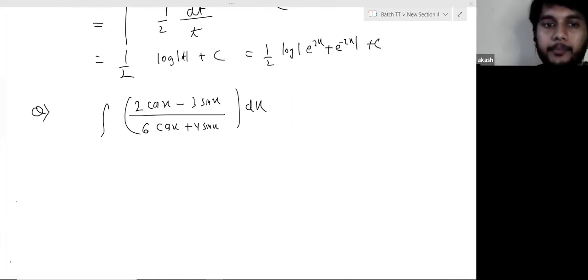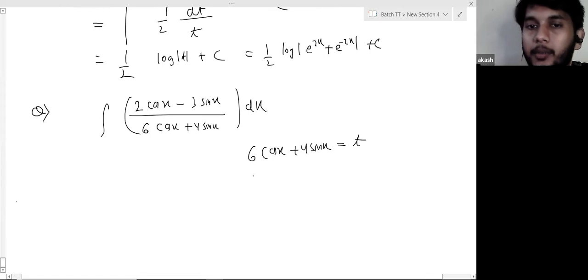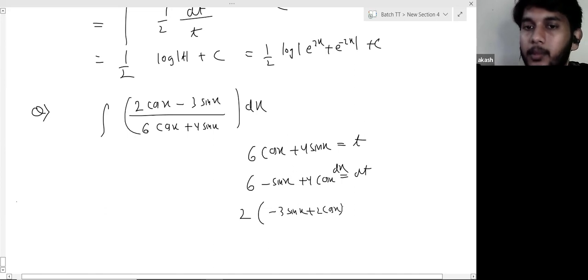All right. So in this question, you can take 6 cos x plus 4 sin x equals to t. So differentiating, you will get 6 into minus sin x plus 4 cos x equals to dt. Taking 2 common, you will have minus 3 sin x plus 2 cos x dx equals to dt by 2.